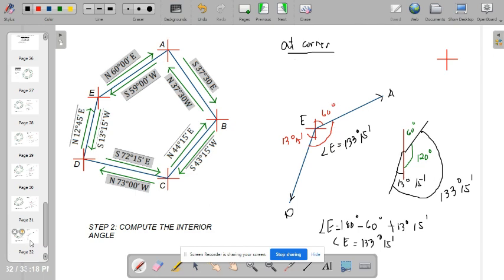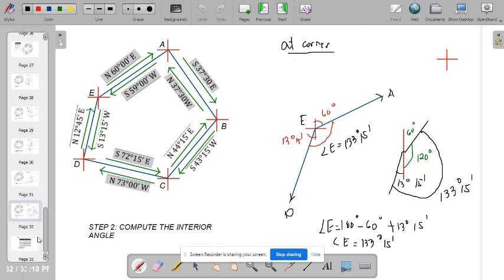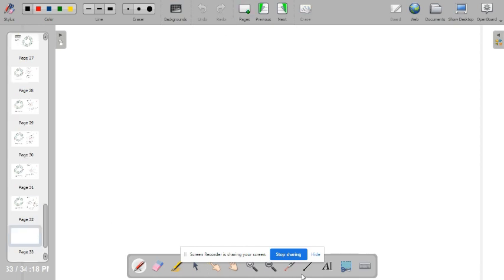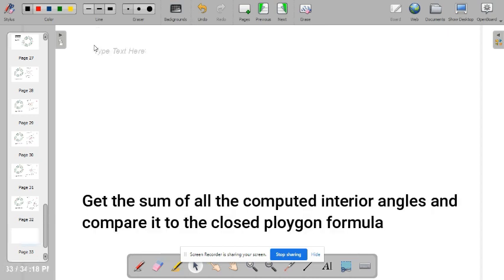All right, so step 3. What should we do after this? Let's compute for the interior angle of your polygon.